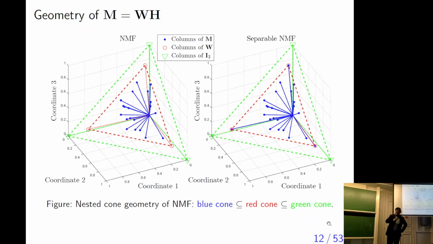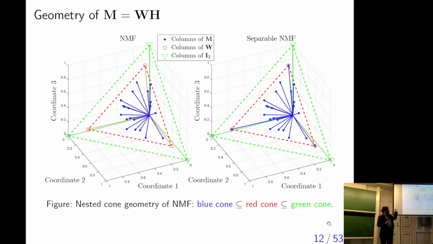And because now you have a conic combination for the data points, because H here is non-negative, that means it's a conic combination of columns of W. So you are trying to find a cone to contain all these blue dots. For example, in the diagram, the red cone containing all the blue dots.